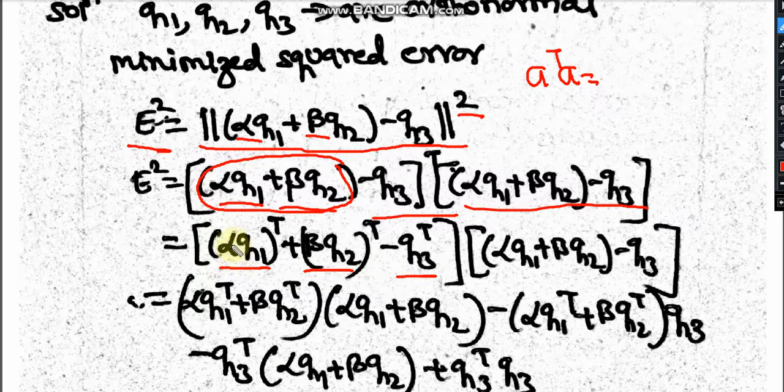Alpha is a constant, so you'll have q1 transpose, q2 transpose, and so on. So you have this expression, and if I expand that, q1 transpose, q2 transpose, and this will be left out.